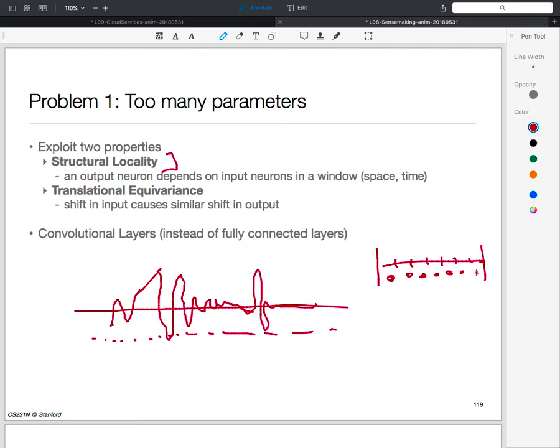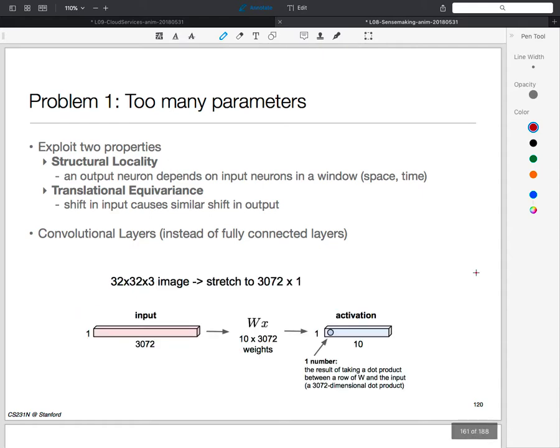So firstly, neurons are looking locally, and second, all neurons are the same. If all neurons are the same, they can have the same weights. So we share the weights, and we keep each neuron's receptive field, as they call it, what it depends upon, small.